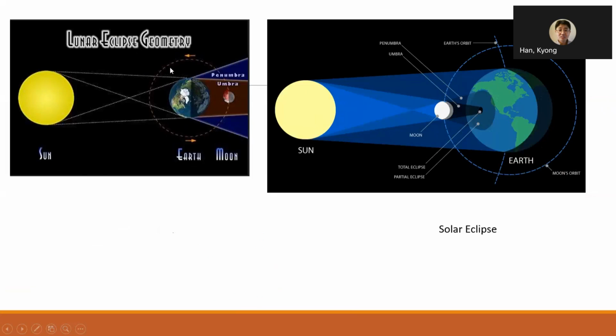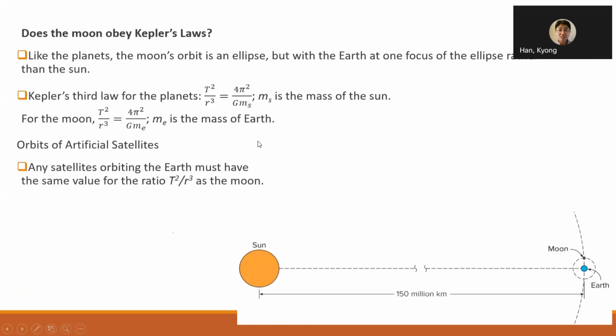This is a lunar eclipse. And does the moon obey Kepler's laws? Like the planets, the moon's orbit is an ellipse, but with the Earth at one focus of the ellipse rather than the sun. You can draw this ellipse here.